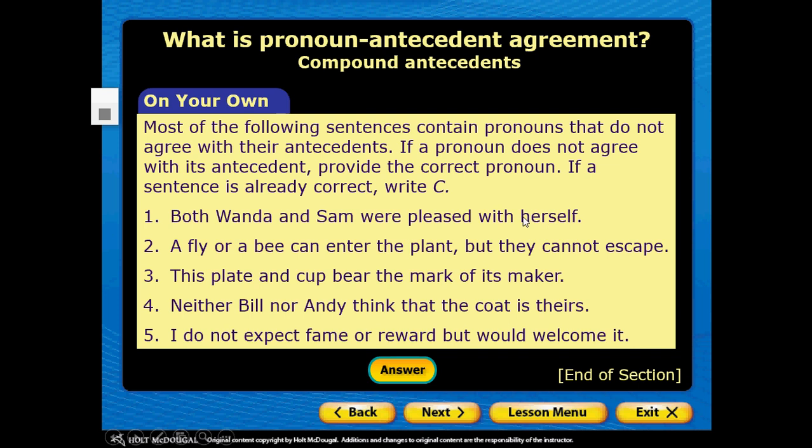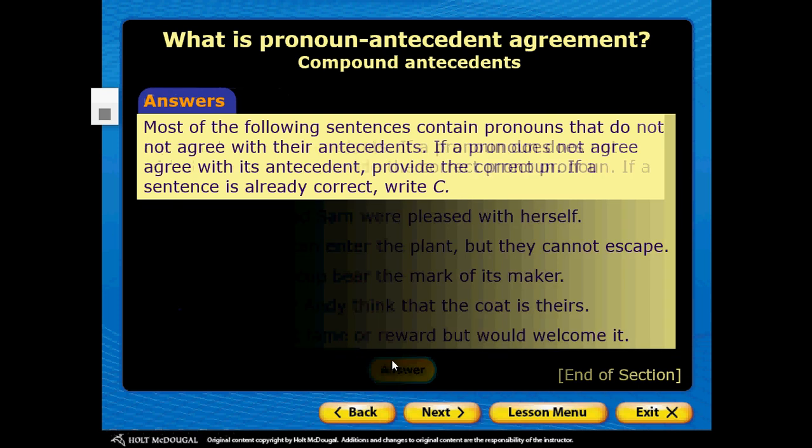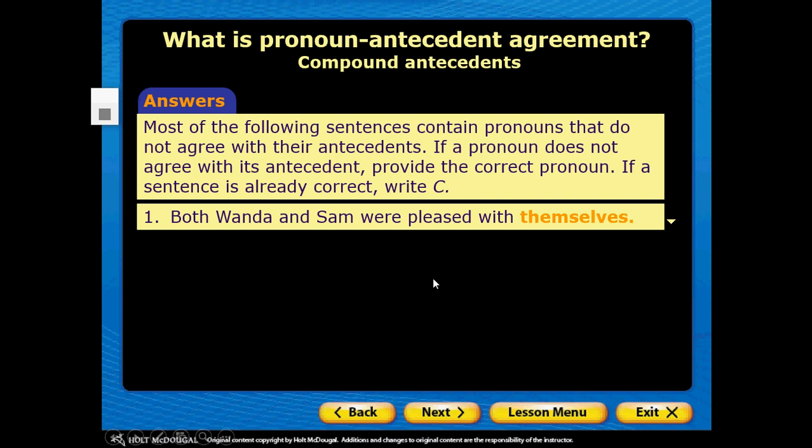But herself, I don't think works here. I think we're going to have to say themselves. Let's have a look. Themselves, yes. Both Wanda and Sam were pleased with themselves. Because we don't know if it's a girl, so we can't say herself. Okay?